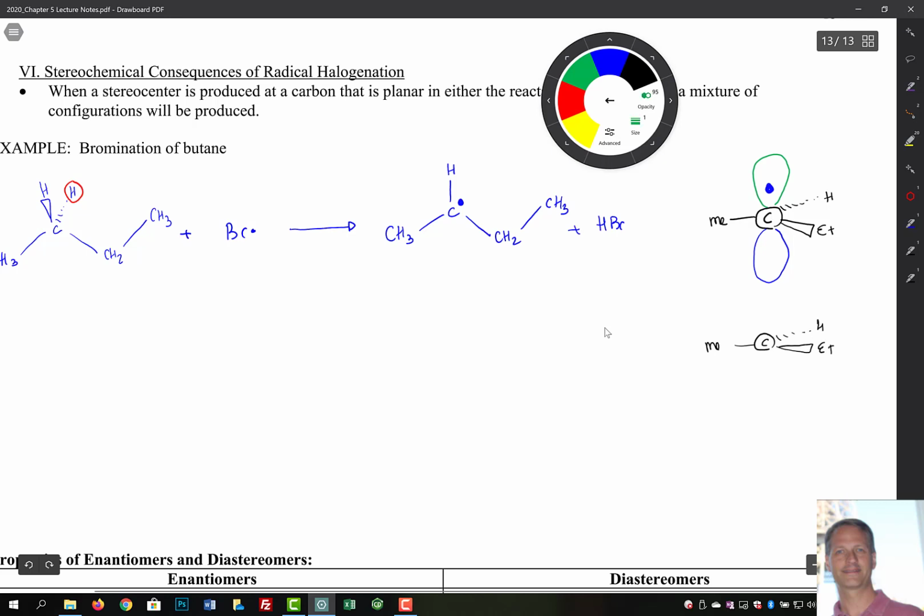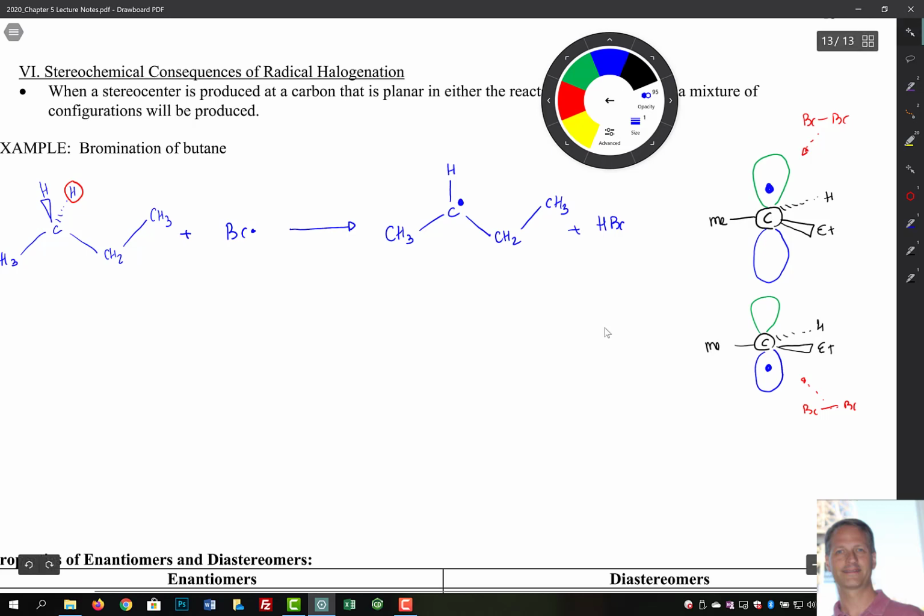So in other words, we also get this. So that's what's going to react in the next step. In the next step, it's going to react with bromine. So if we have bromine coming in, bromine can come in this direction, right? Or it could come down this direction, right? So when it does that, we're going to get a mixture of products here.